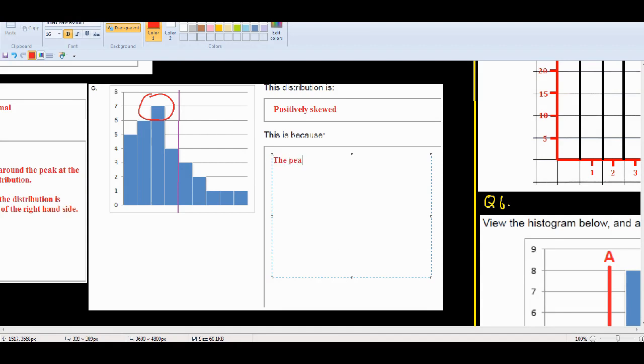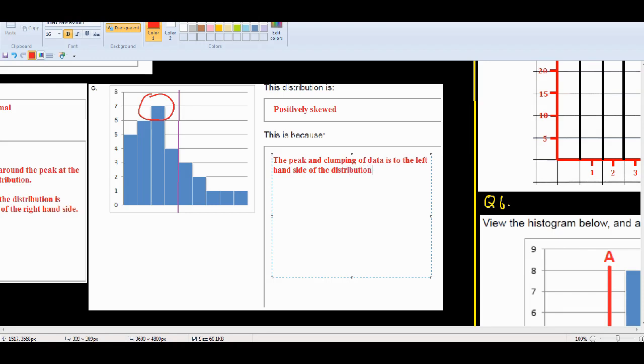The reason is the peak and the clumping of data is to the left hand side of the distribution.